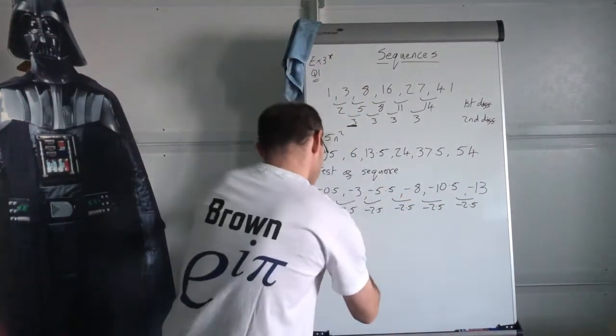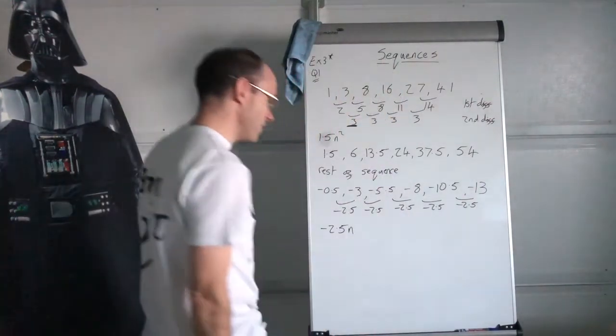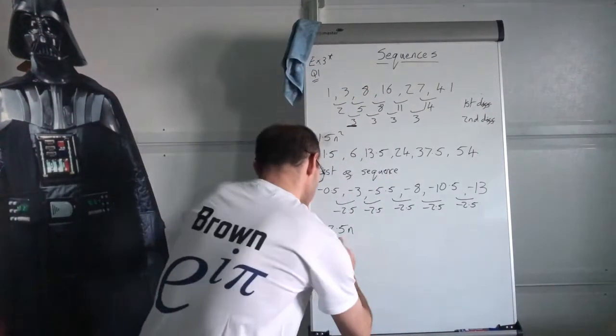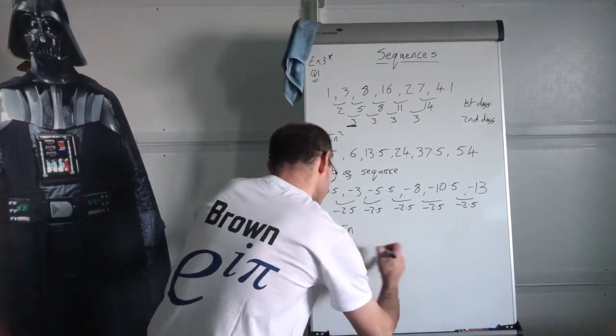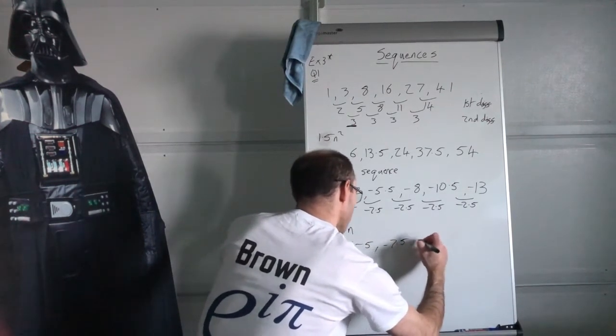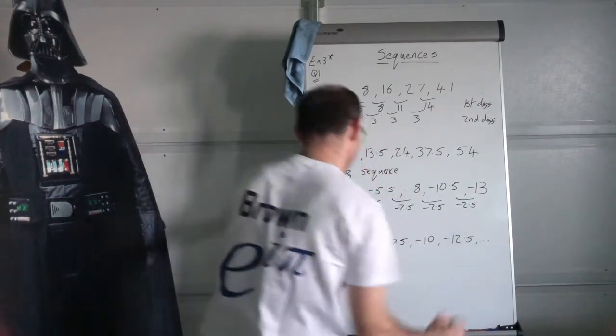And so that means it's the negative 2.5 times table, so negative 2.5n. Okay, let's write down what that is. So negative 2.5 times table is negative 2.5, negative 5, negative 7.5, negative 10, negative 12.5, and so on.